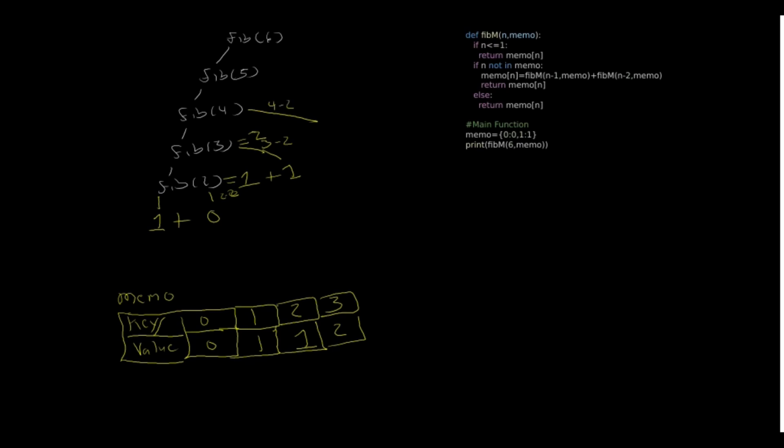Left side, 4 take away 2 is 1. Why did I do that? So just do this. So 2 plus 1, get rid of that, is 3.